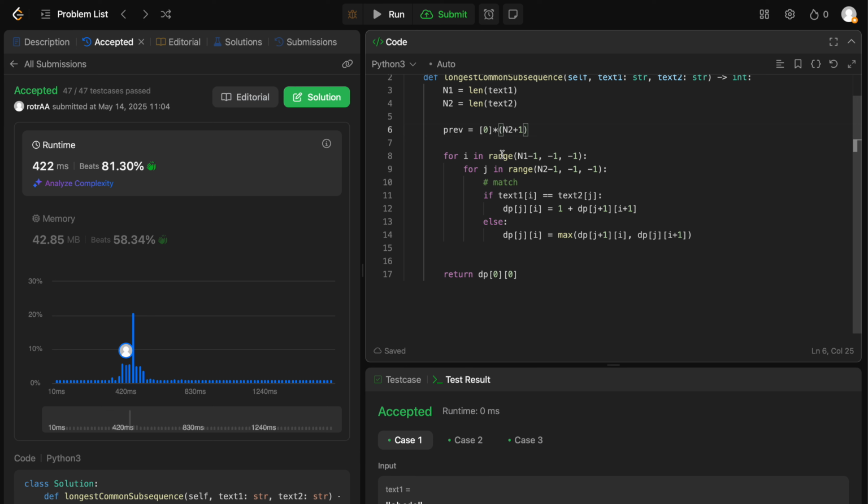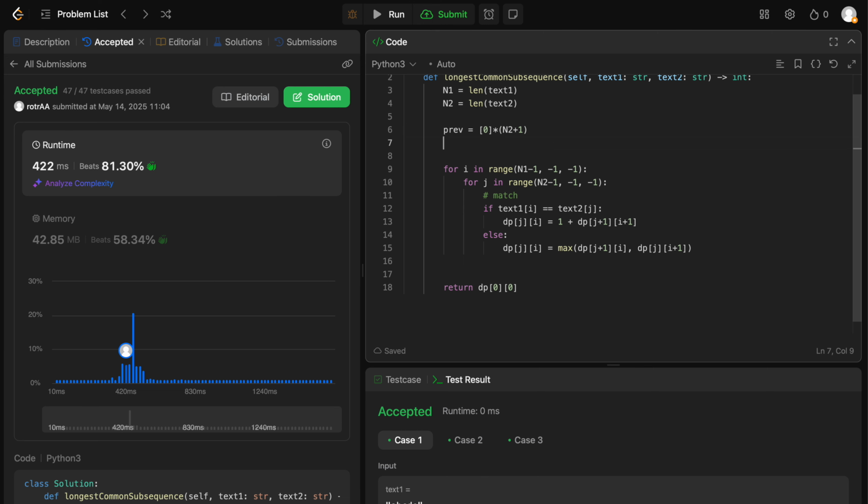Whoop, how did I go? So I went N1. I didn't do this pretty nice. So I go, this is my rows. So rows is N1, then I have to use N2. So this is previous, and we can have current. I usually do it like this.